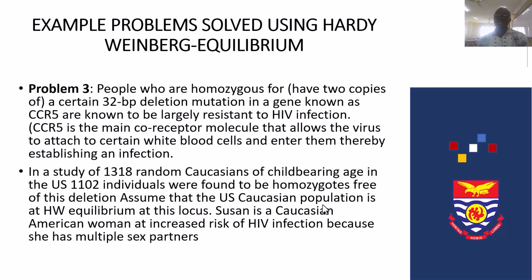In a study of 1,380 random Caucasians of childbearing age in the United States, 1,102 individuals were found to be homozygotes free of this deletion. Assume that the US Caucasian population is at Hardy-Weinberg equilibrium at this locus. Susan, a Caucasian American woman, is at increased risk of HIV infection because she has multiple sex partners.